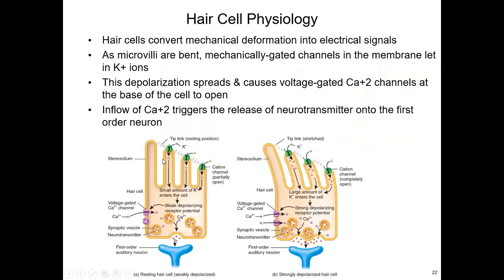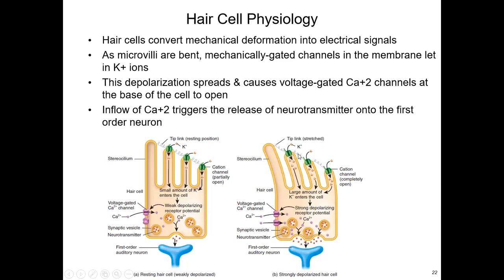Here is now the artist's rendition of these hair cells. You can see the hairs, these extensions. Once the hairs are bent, the first action that happens here is potassium channels will be opened. These are mechanically gated. You see the little lid here that's being moved out of the top of the channel.